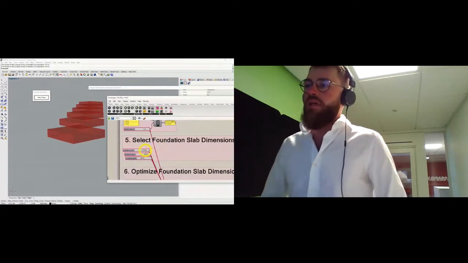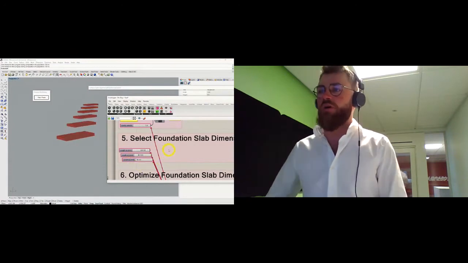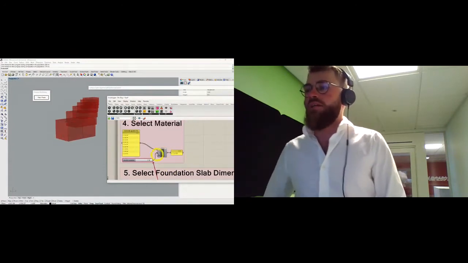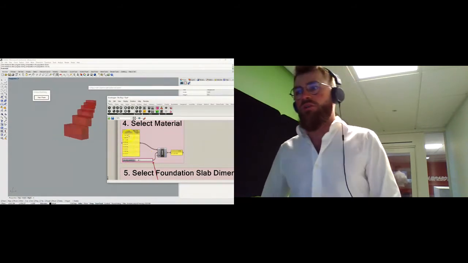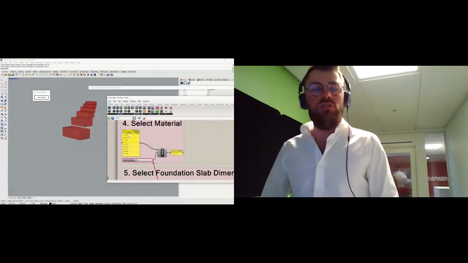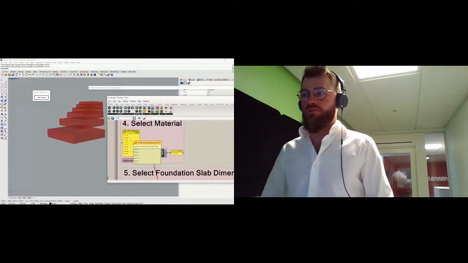The AI will get to choose to manipulate geometry, X, Y, and Z of the foundation slabs in this example. And it will even play with the materials, different types of concrete in this case, and their respective bearing properties, carbon emission factors, and costs.